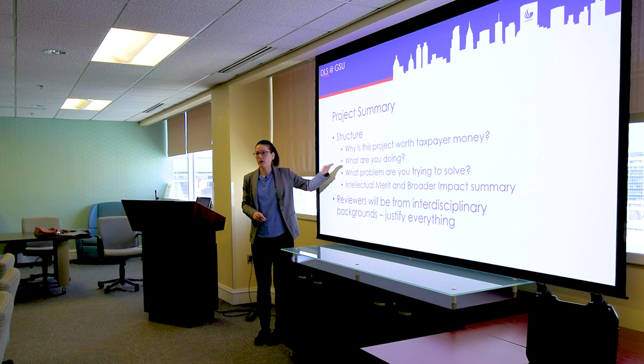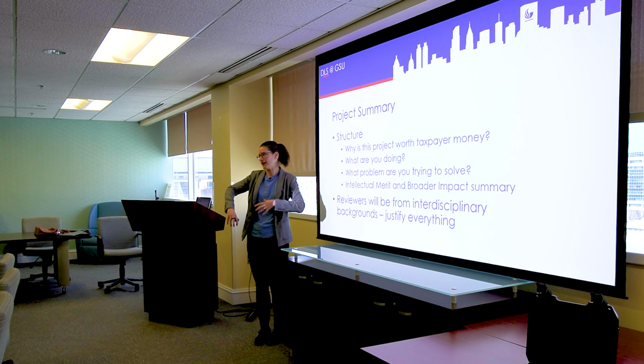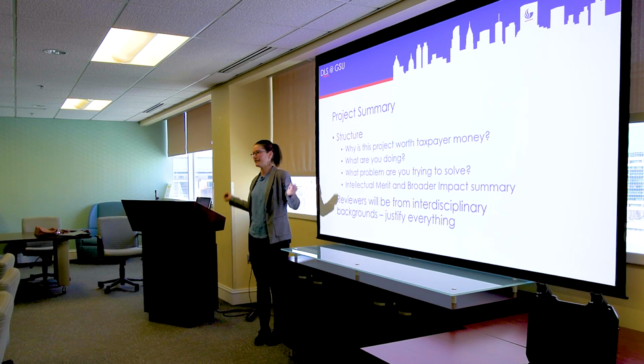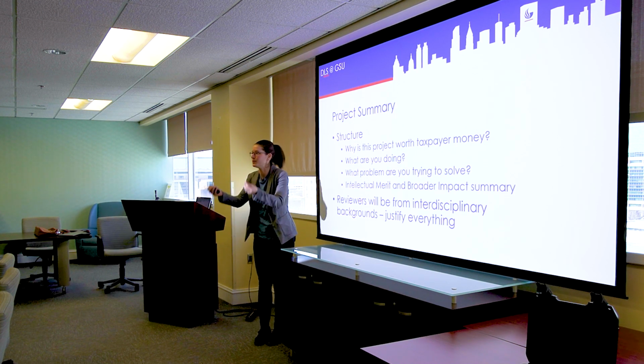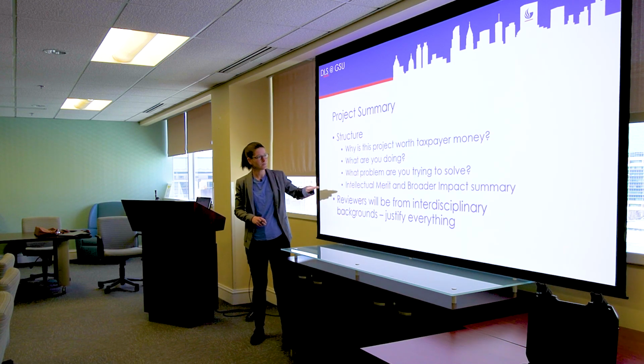Second, you want to go straight to what you are doing. I get 2-3 pages into a lot of proposals before I'm like, oh, I see what you are actually doing. It's very much like, this is the problem, and this is the motivation, and these are the sorts of things that we want to do, but I'm like, okay, but what are you doing? So make that very clear at the start.